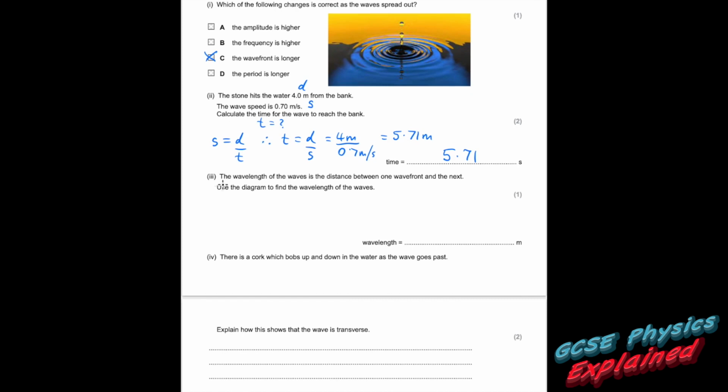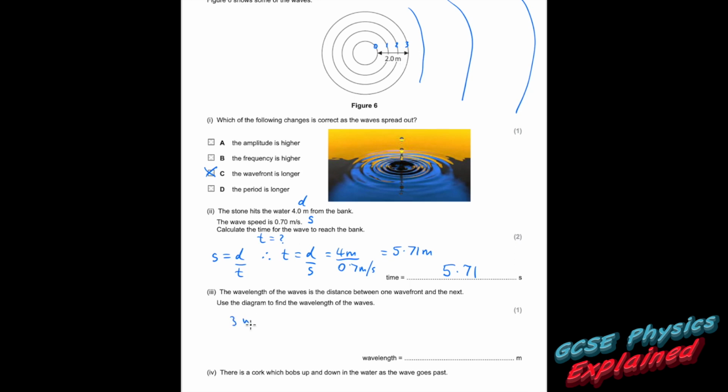Part 3. The wavelength of the waves is the distance between one wavefront and the next. Use the diagram to find the wavelength of the waves. Right, so you can see the wavefront is the line. So that's where the wave starts. So you've got 1 wave, 2 waves, 3 waves in 2 meters.